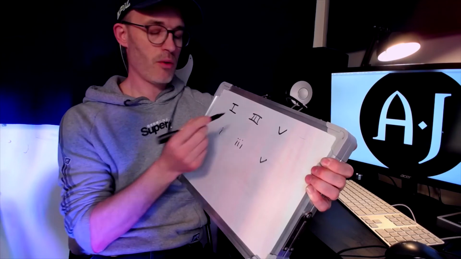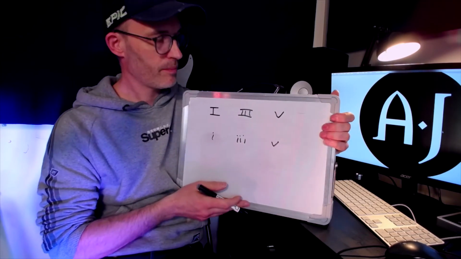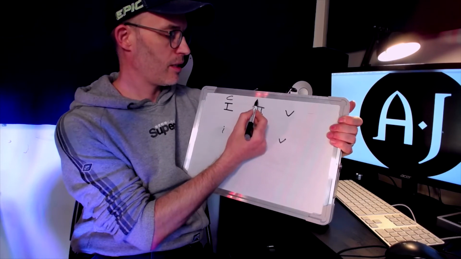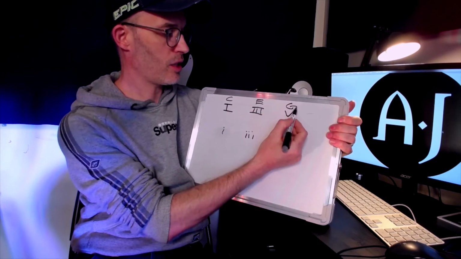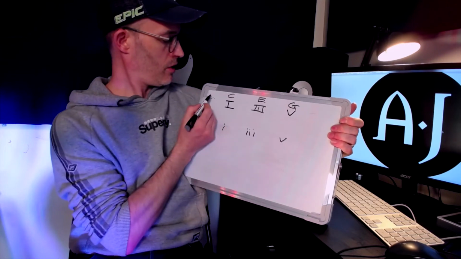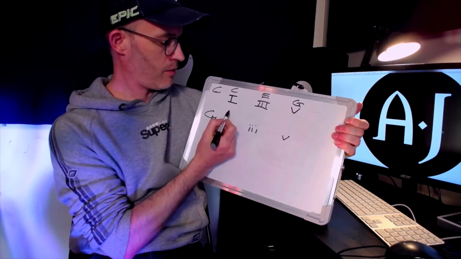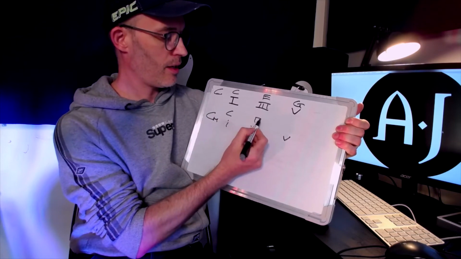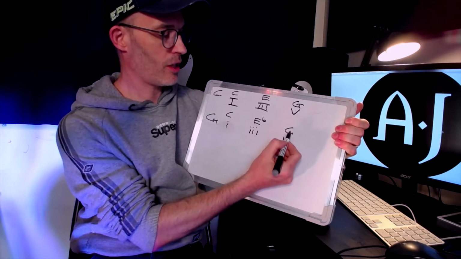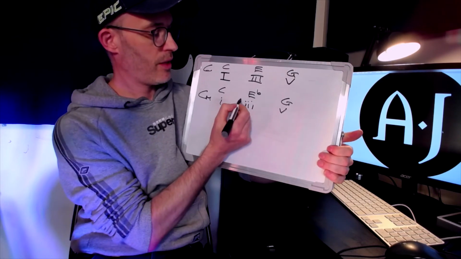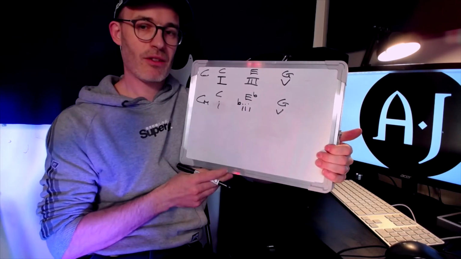Now let's pretend it's the chord of C. So our notes would be C, then an E, and then a G. This is C major. If we made it C minor, it would have to change to C, E flat, and G. So what's the difference? The difference between a major and minor chord is that the third is a flattened third.